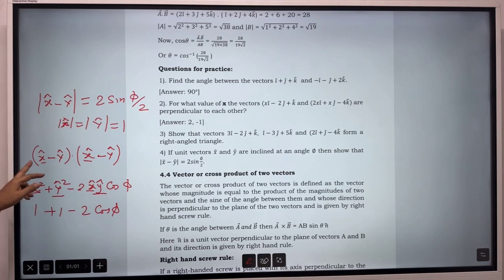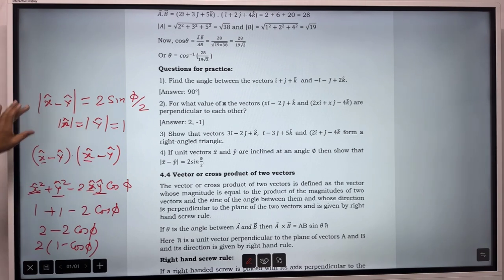You have taken the dot product of the same vector. So what have you got? 2 minus 2 cos phi. 2 common, 1 minus cos phi. You started from here, you are given this only.